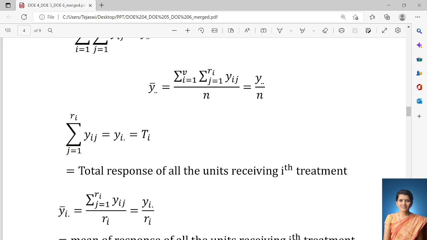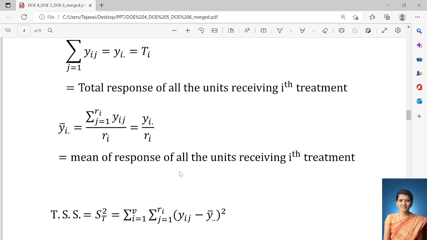Similarly, from the total we get the treatment mean. The treatment mean is yi dot bar, it is the total divided by Ri. So this is the mean response of all units receiving the ith treatment. So total sum of squares is equal to S t square, the double summation of Yij minus y double dot bar.